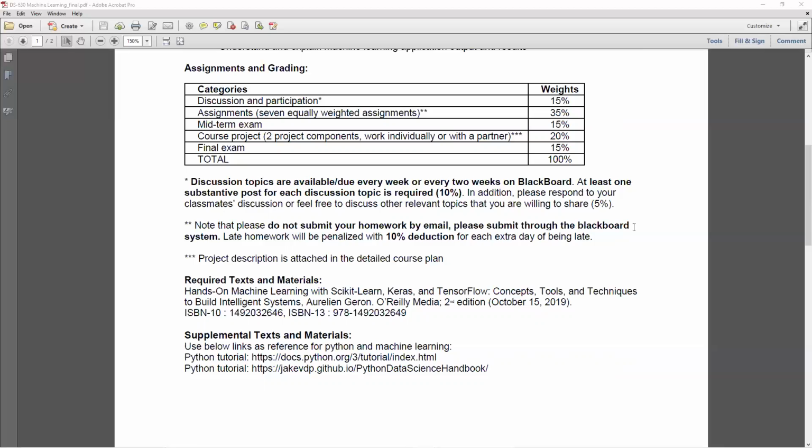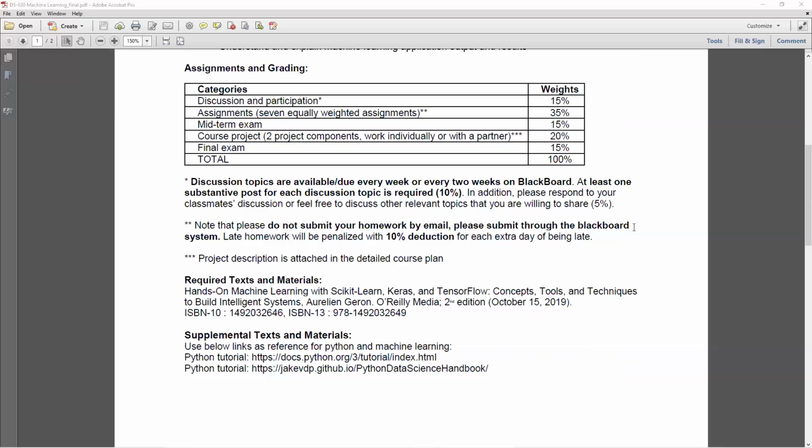In terms of the breakdown, for the one post that you make, you get around 10%, and the other one, in terms of interaction and responding to your fellow students, you would be able to get another 5%. And then the second thing is assignments. We will have roughly 7, so far I planned for 7 equally weighted assignments that account for 35%.